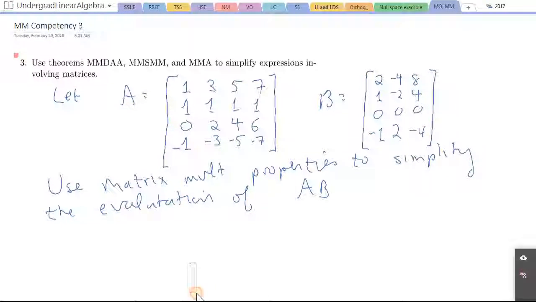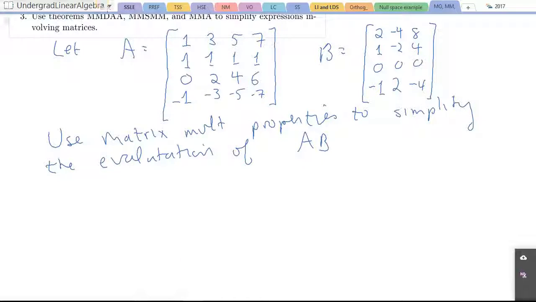Now, first of all, when we first introduced multiplication, we said that multiplication of a matrix by a vector, multiplication of matrix by matrix can be considered as multiplication of the matrix by each of the column vectors in turn. So I can write AB as 3 columns, right?